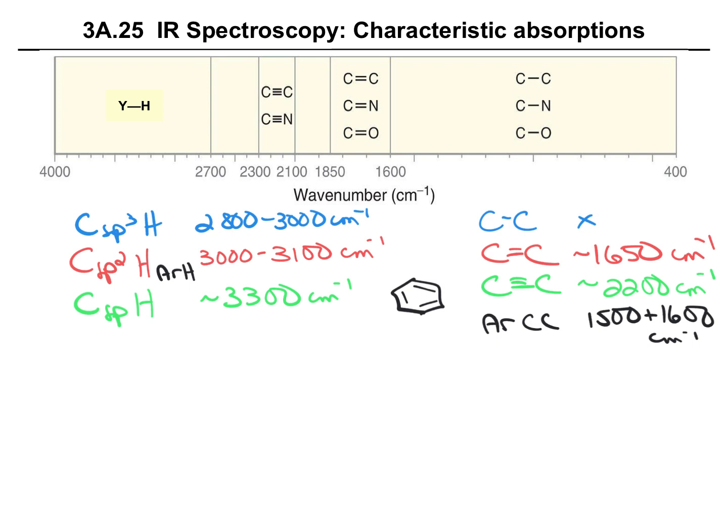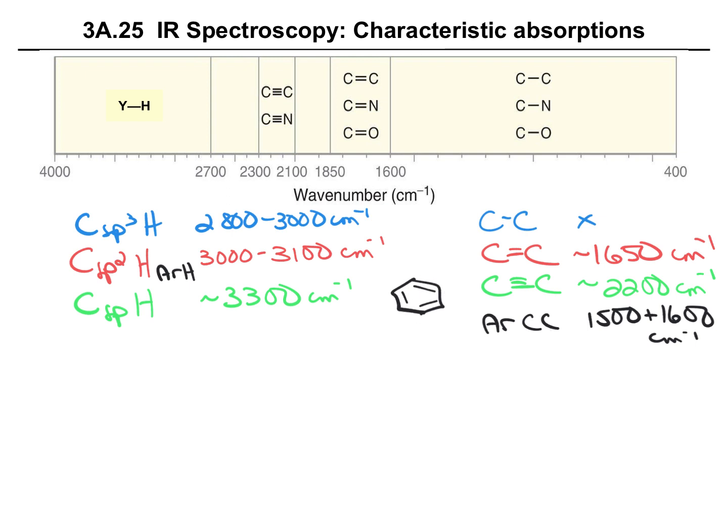And it's drawn as double bond, single bond, double bond, single bond. But notice this doesn't behave the same way as carbon-carbon double bonds. So we can actually look at this as some evidence for resonance, because the aromatic carbon-carbon bond is not the same as a carbon-carbon double bond or as a carbon-carbon single bond, but it is something distinct.